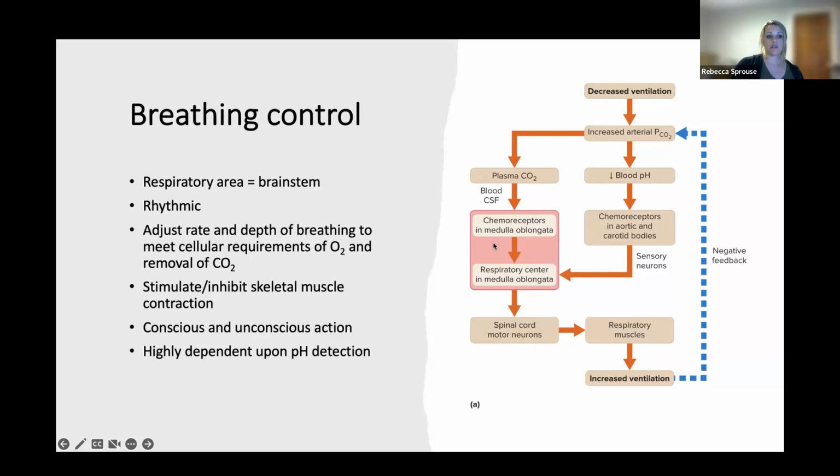It's going to send a message to your brainstem, and in an effector, it's going to tell your skeletal muscles to breathe faster and maybe even deeper. And then as your ventilation increases, okay, that carbon dioxide will be exhaled and your pH will return to normal. And that's how the negative feedback occurs. Then you'll just begin to breathe normally, right?